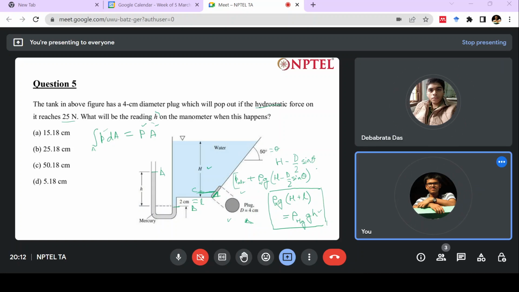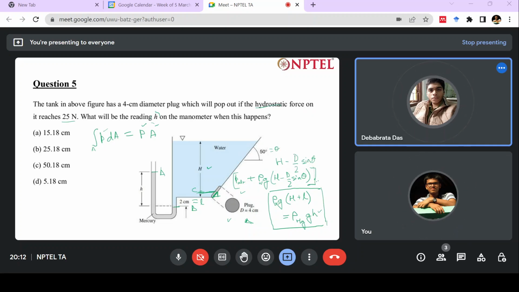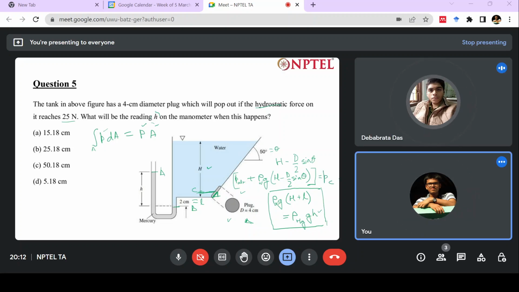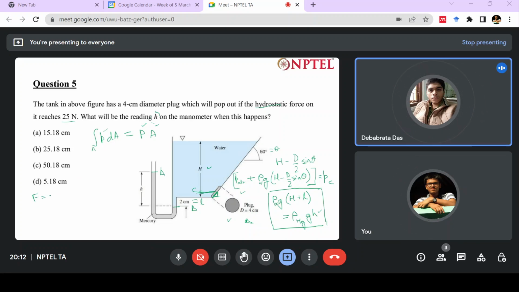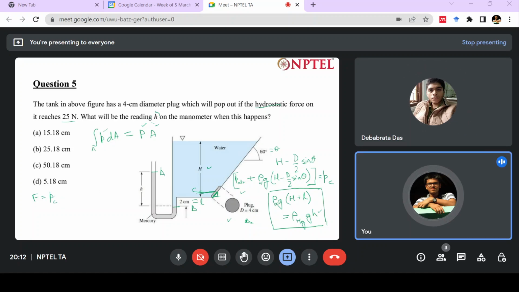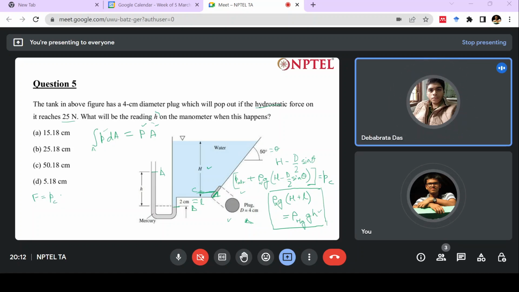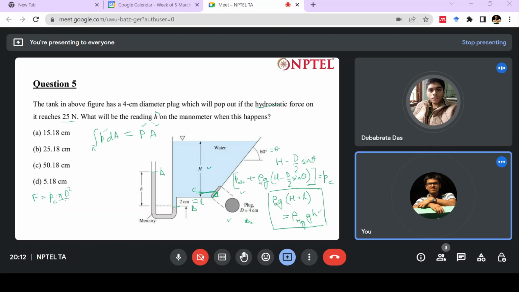This is the pressure we have got at point C. What will be the force? Force on this plug is the pressure at point C into the area. The area is pi d square by 4.